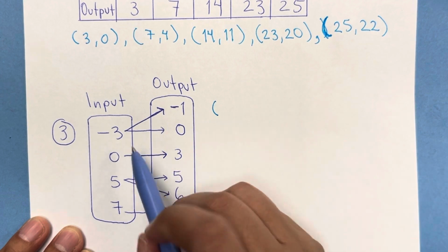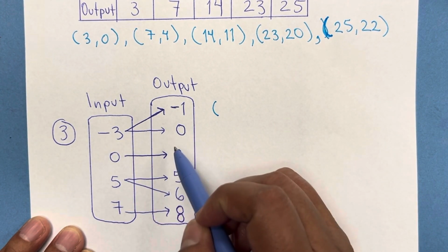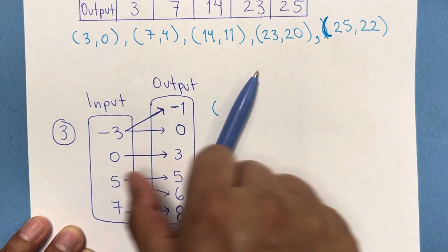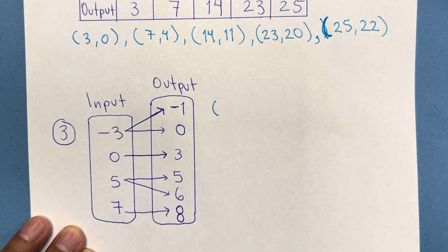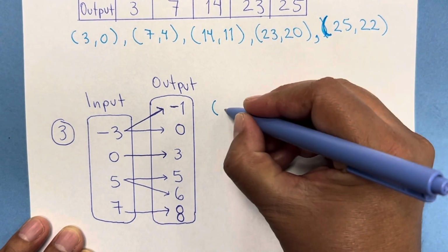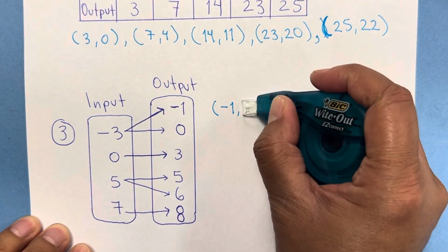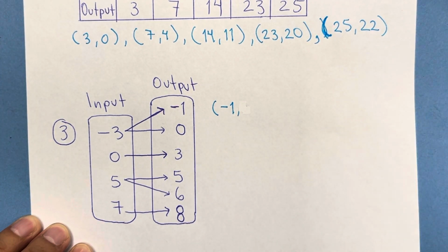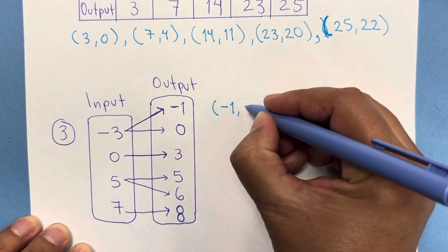Okay, in here, this is the input, this is the output, and this same input has 2 outputs. That's when we did the vertical check, and then you had 2 points at the same value for x. Okay, this is going to be -1, 0. I was looking at the next value. So it's -1, -3.